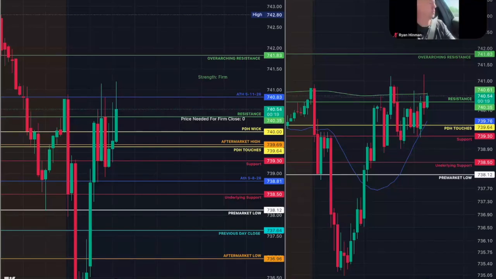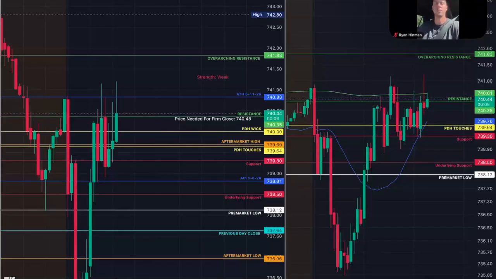Be ready. Five seconds. This is going to be close. 3, 2, 1. Staying away. Weak candle.